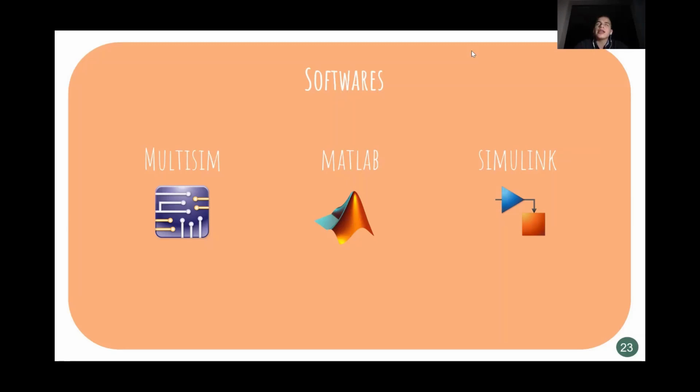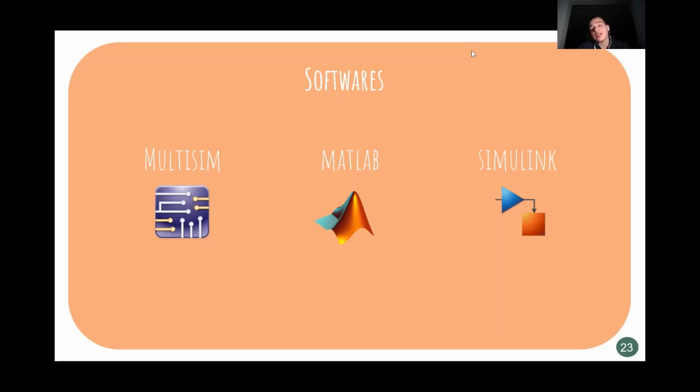Now, Simulink is also, I would say, a friendly software, and it's easy to use because you need to be doing diagrams. The disadvantage is that you need to know what you're doing, and when putting in some elements, you need to know which ones you really need.